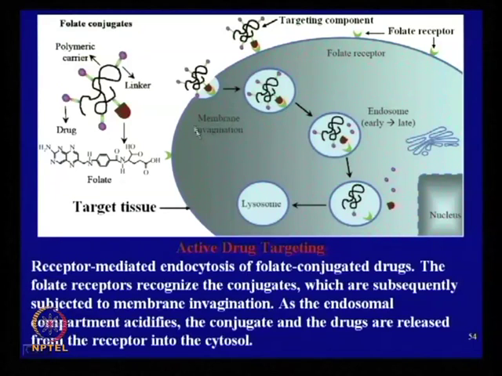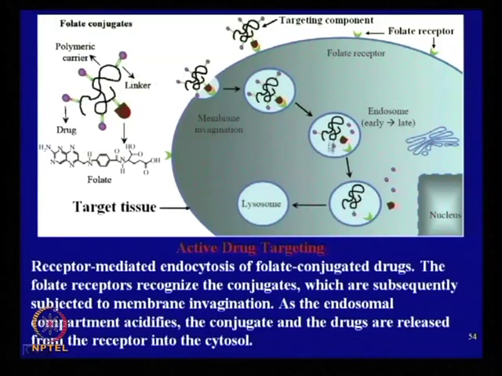So, this is membrane invagination of the system, it comes inside, fits to this, and then within this region, if there is some acidity, here you see the endosomal compartment. In the endosomal compartment, the conjugate acidifies.